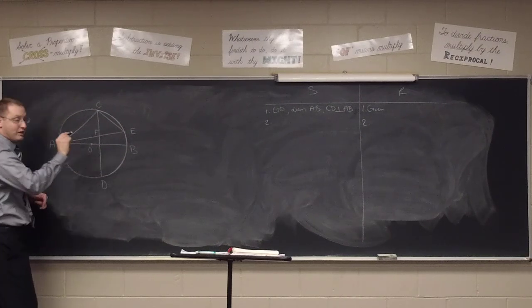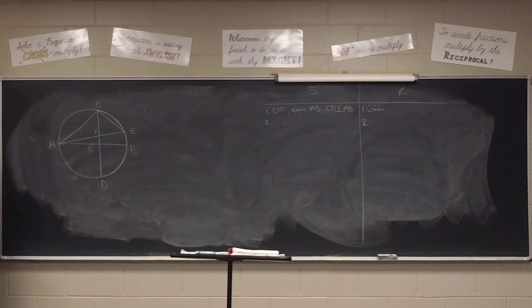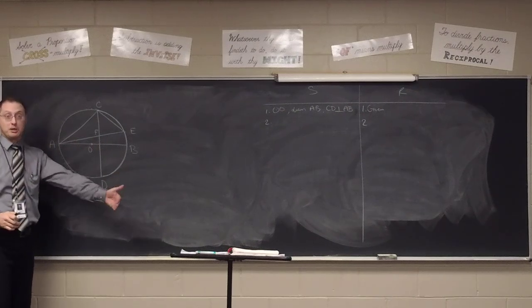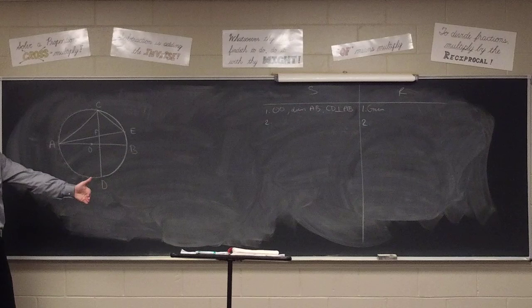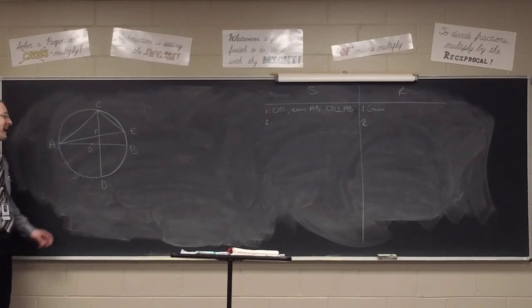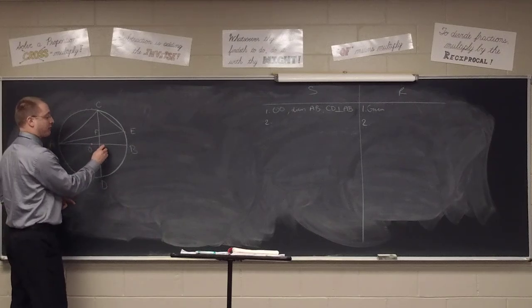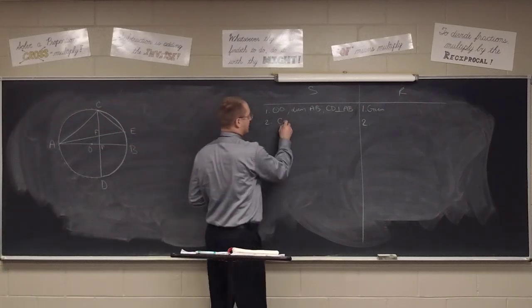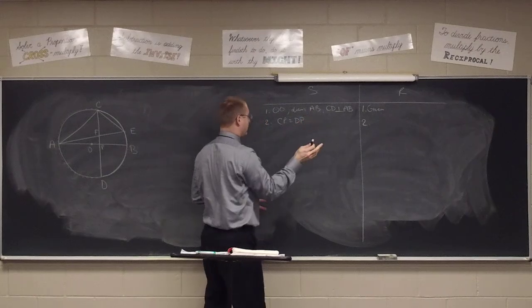Now, I did tell you at the end of the hour yesterday, when I was giving you the homework, you're going to need to go all the way back to section 3.5 for your clang. So if you went back to 3.5, I'm not sure how you missed theorem 35: a radius or diameter perpendicular to a chord bisects the chord and the arcs. Now, if you did call this point P, for instance, and you happen to say that CP equals DP, okay, fine.